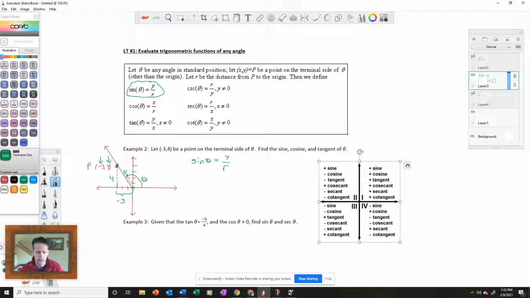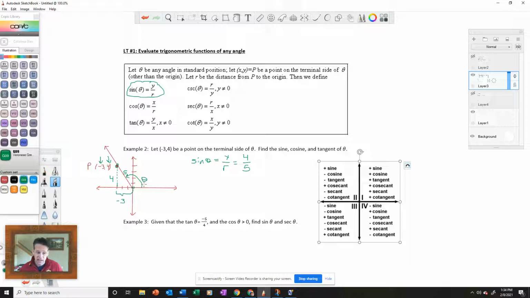It's still a 3, 4, 5 triangle. And the distance from the origin to the point in question is always going to be a positive number, because when you use the Pythagorean theorem to find it, you're always going to get a positive number. The y or the x can be negative, depending on where the point is. So now the sine is defined as y over r, so the sine is going to be 4/5.